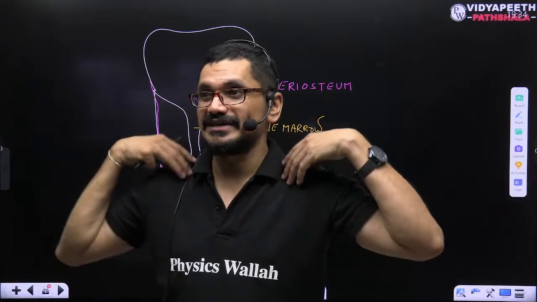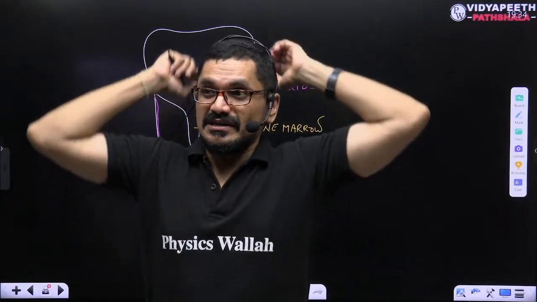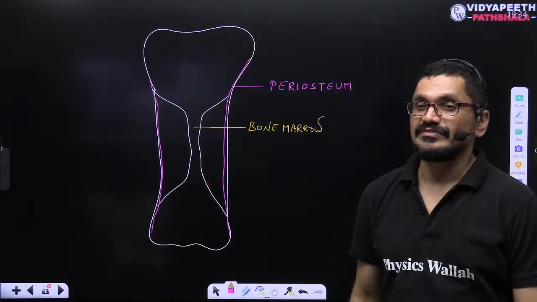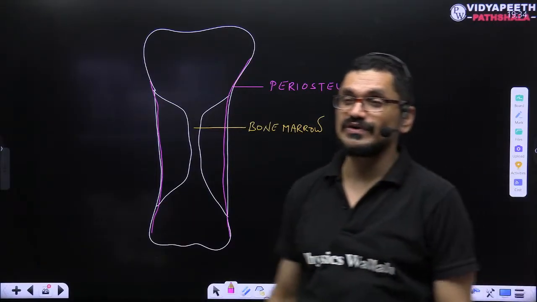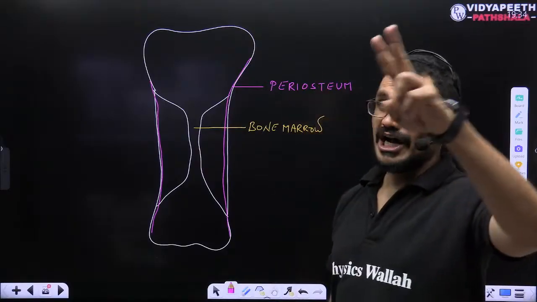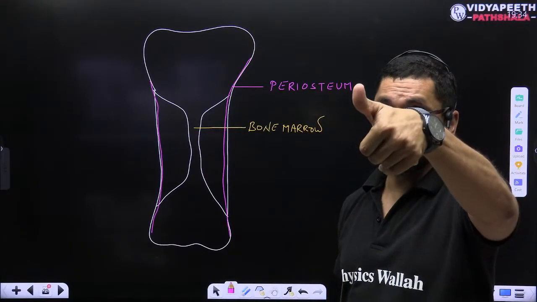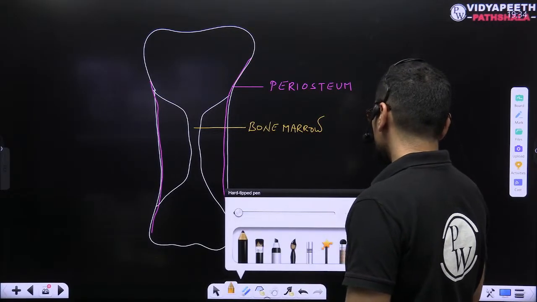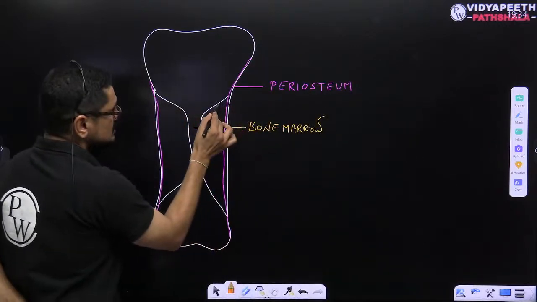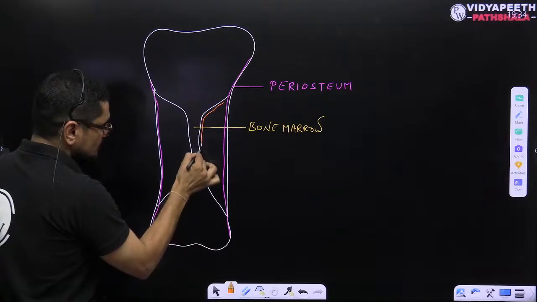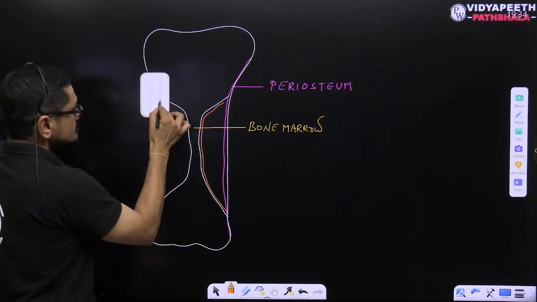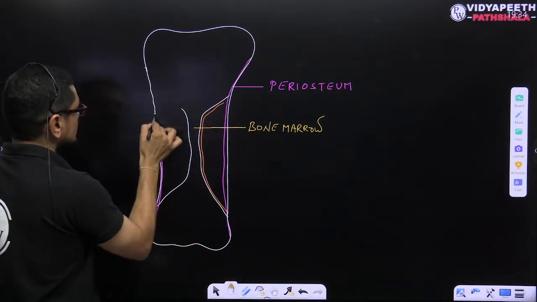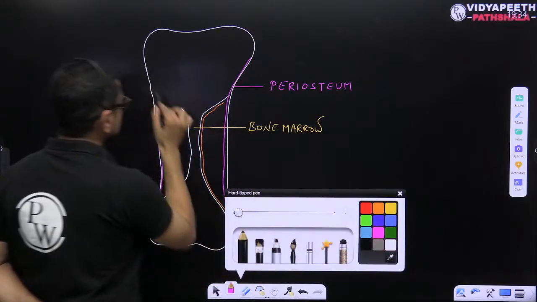Just now I explained, dense irregular connective tissue, elastic connective tissue: periosteum, endosteum, pericardium, heart valves, joint capsules, where you have written some examples. So this is periosteum, and now see this board. Here there will be a layer. So this is periosteum.